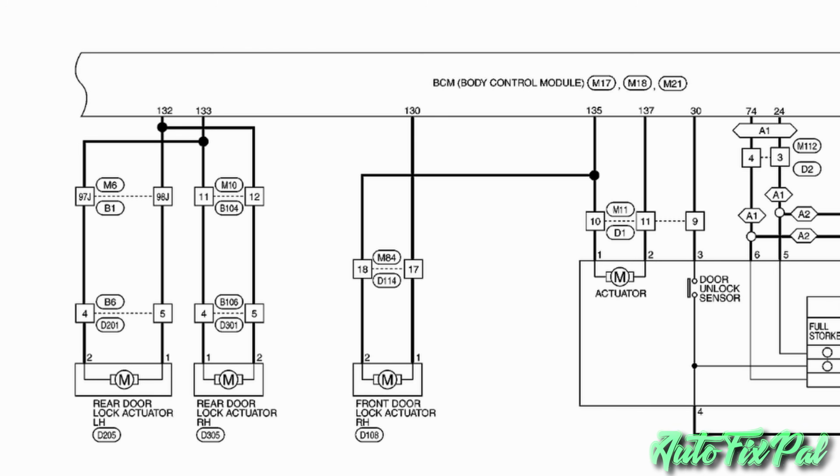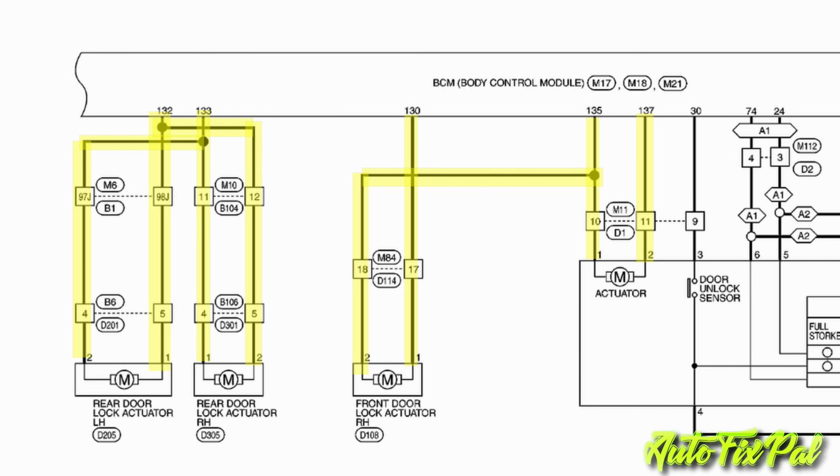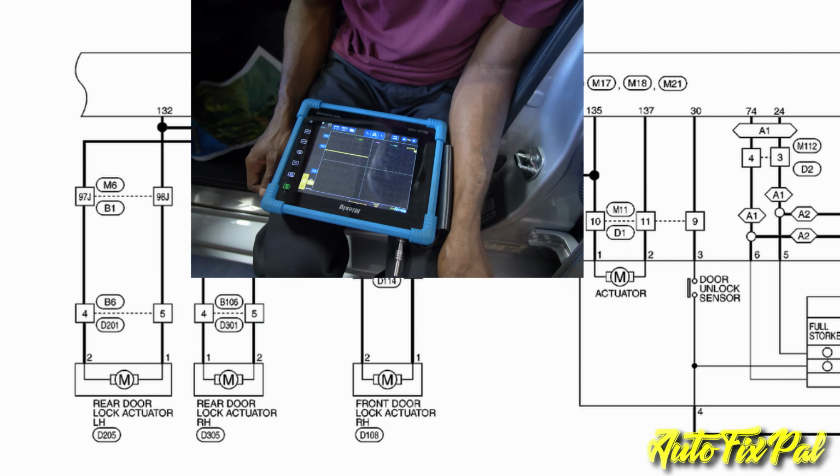When the BCM receives an unlock or lock request, it will then directly power the door lock actuators as commanded to either lock or unlock, and this is achieved by reversing the polarity of the power supply to the door lock actuators.